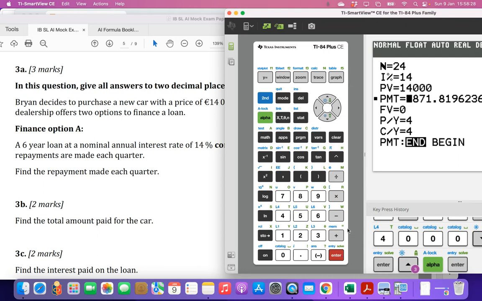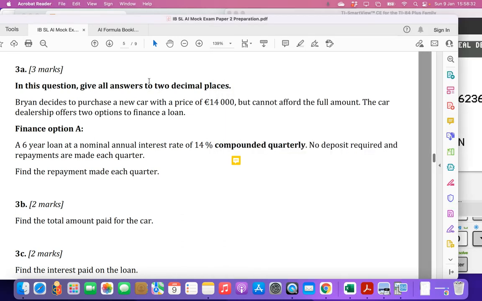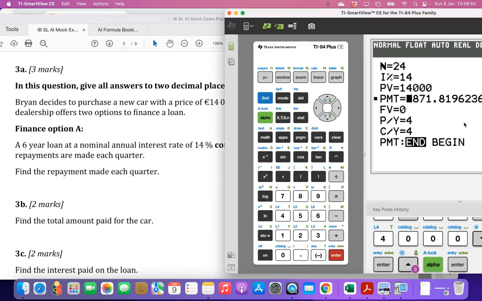Now I see, again, this is money, so it's very clear here. We have to give our answer to 2 decimal places, euros and cents. So solving, we get the payment value of 871.82.